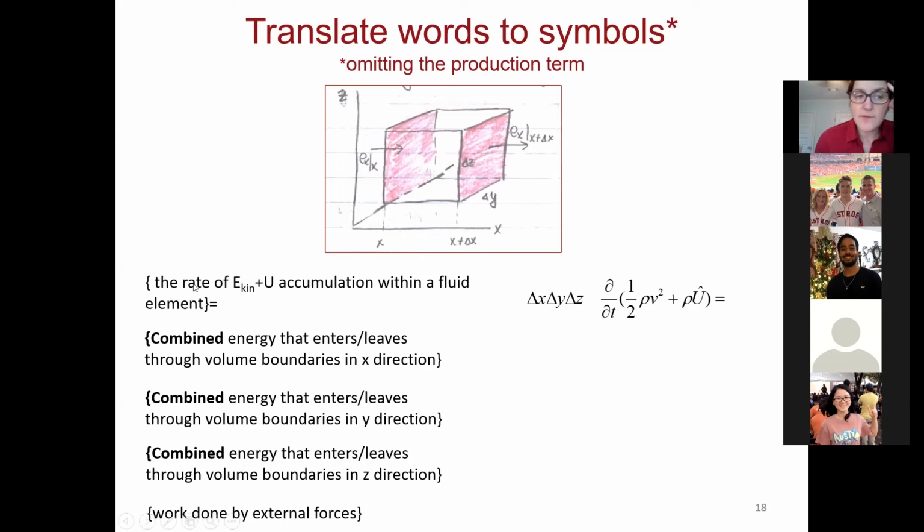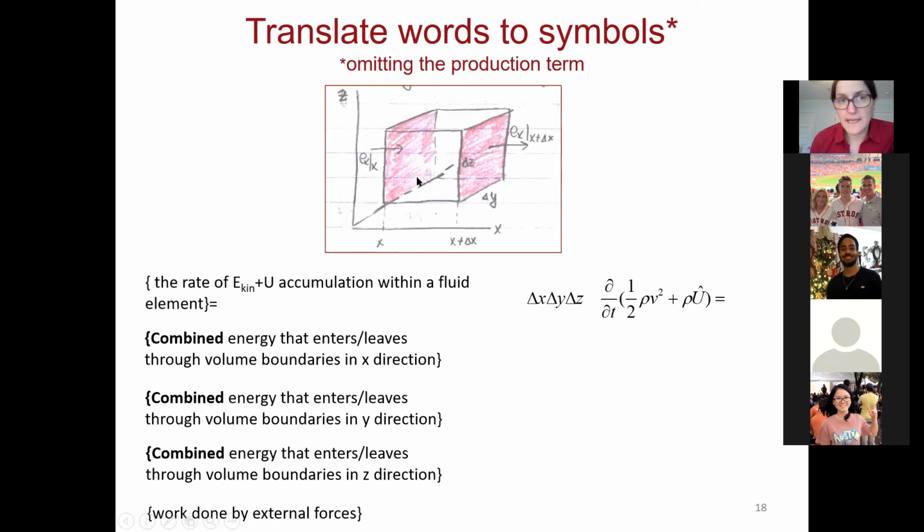Now we're going to look at the energy that enters and leaves the volume through the volume boundaries in the x direction. That's actually what's shaded here. Can you write that down? This is basically shell balances. It's the energy flux, the portion that is orthogonal to this x direction coordinate plane, Ex evaluated at x.